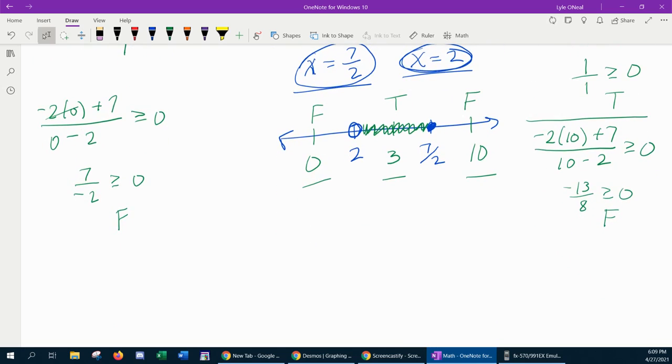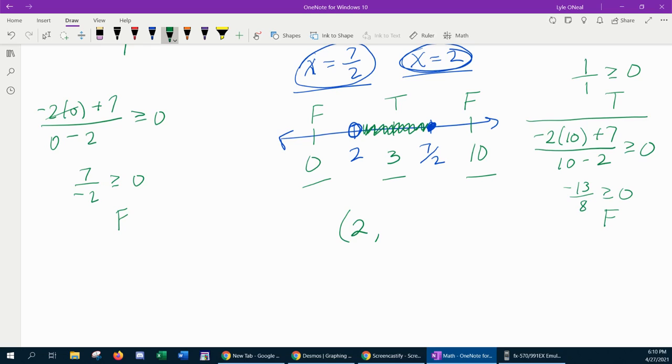Now that I've got the shaded regions determined, I can express the solution in interval notation. So where does the shading start? The shading starts at 2 with an open circle, which indicates a parenthesis.